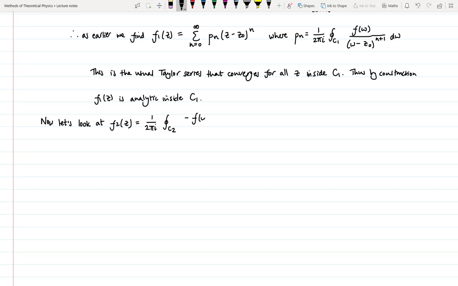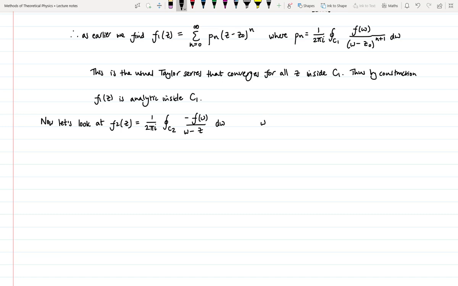We have minus f of w over w minus z dw, and that minus sign comes from the orientation of our circular contour. This is an integral along C2, which is the inner green circle.